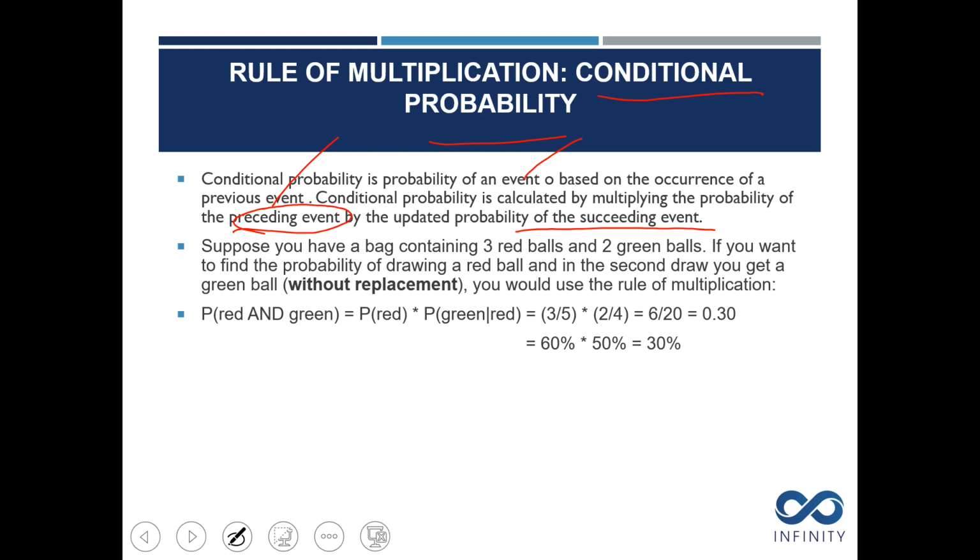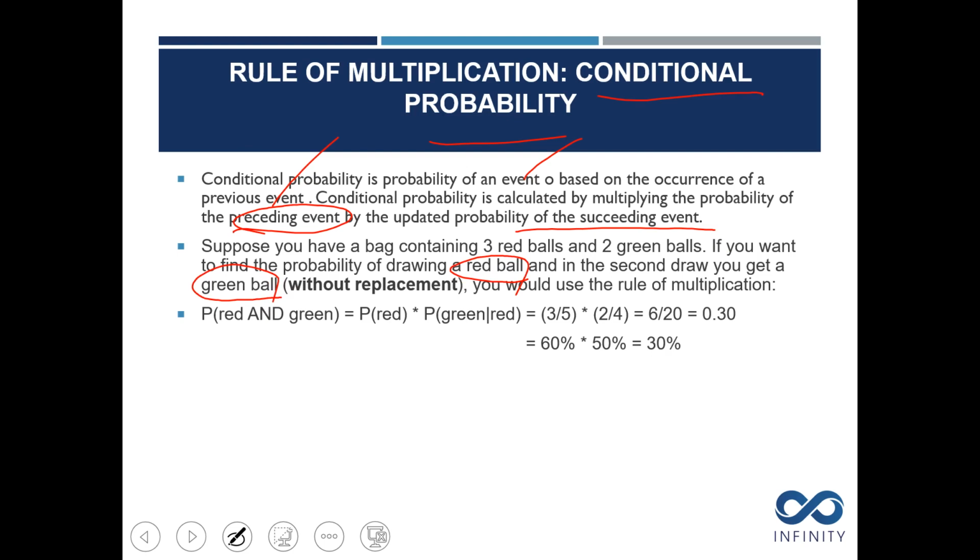Okay, we can make it simple here. Suppose you have a bag containing 3 red balls and 2 green balls. You want to find the probability of drawing a red ball, and in the second draw you get a green ball, without replacement.